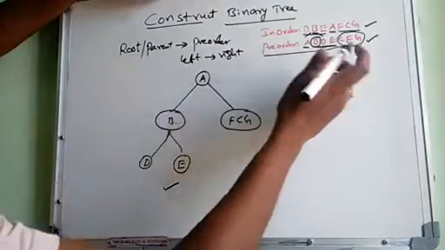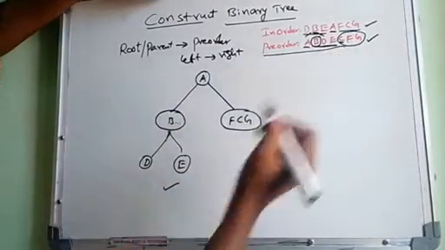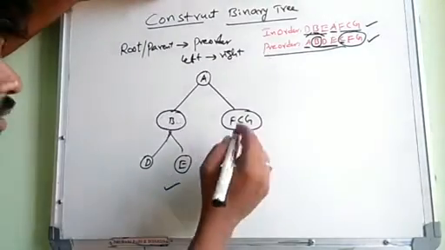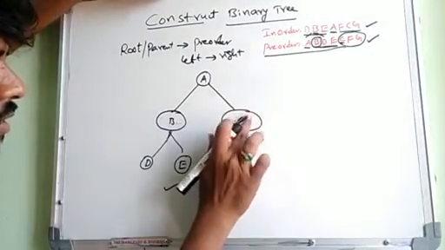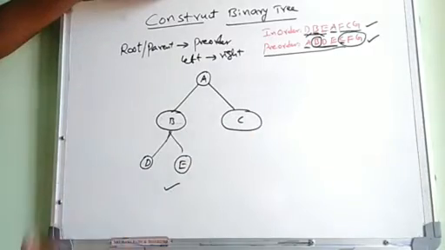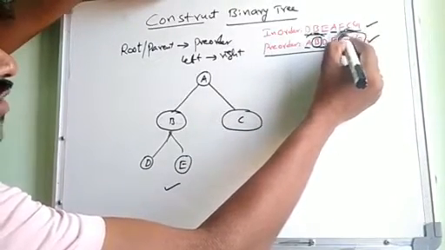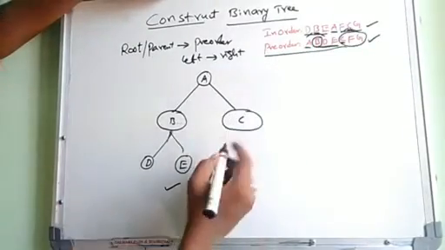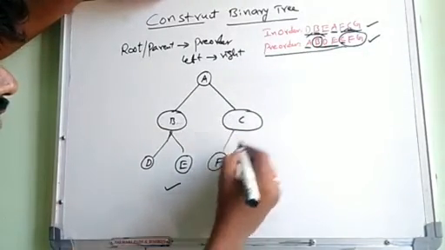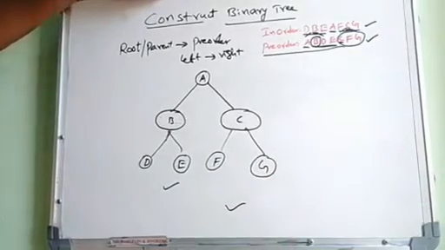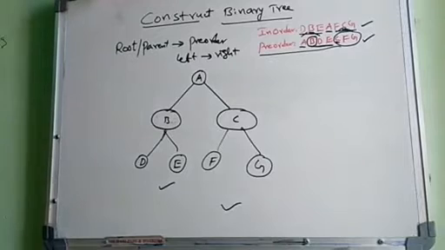Whichever is first in the pre-order will be made the root. Next go for in-order C. What is the left side of C? What is the right side of C? The left side of C is F, the right side of C is G. Okay, that is the construction of the binary tree using in-order and pre-order.